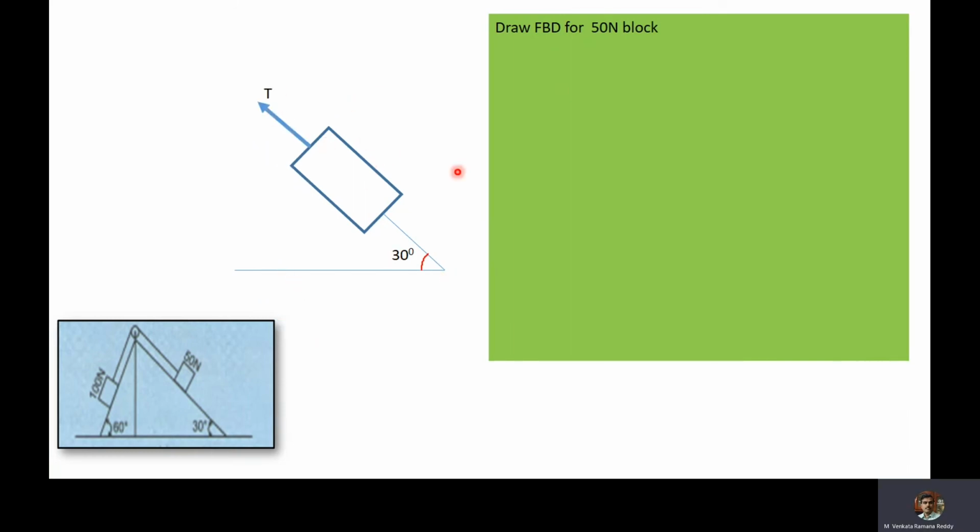T is the tension in the string. Weight always acts vertically down. Normal reaction is normal to the incline. As the block tends to move up, the frictional force acts down along the incline and the inertia force also acts down along the incline.